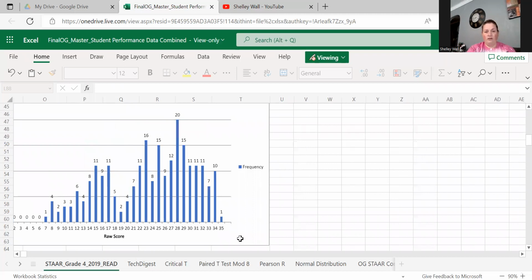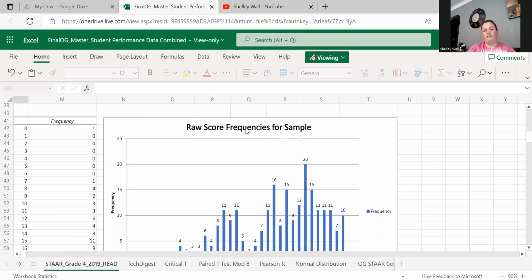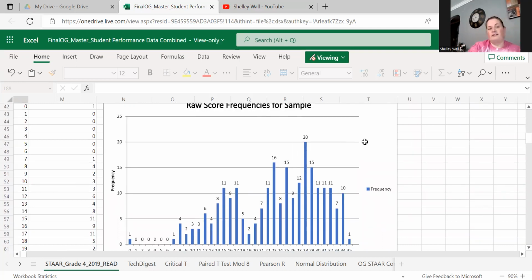And you can see that there is a curve. We don't know where the normal curve is at this point, which way it's slanted. You can look and make assumptions, but we never truly know until we run test statistics. Across the bottom you see raw scores, and the frequency of occurrence. So these are my raw score frequencies for the sample.